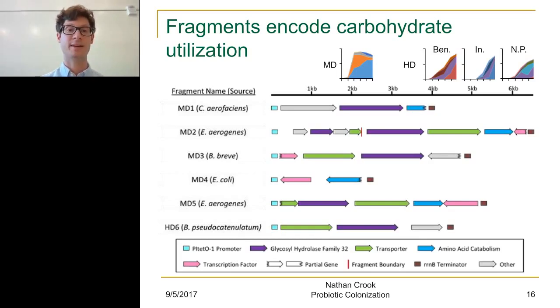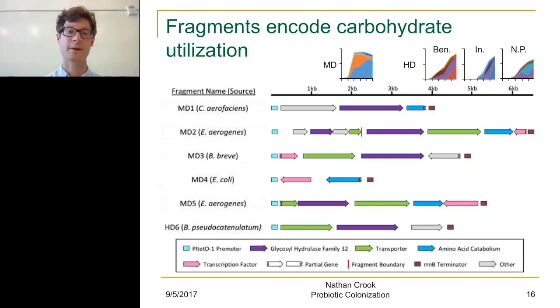On the graph is the length scale of these fragments. In light blue is the promoter that is driving expression of these fragments, and every arrow contained in these fragments is a different gene.